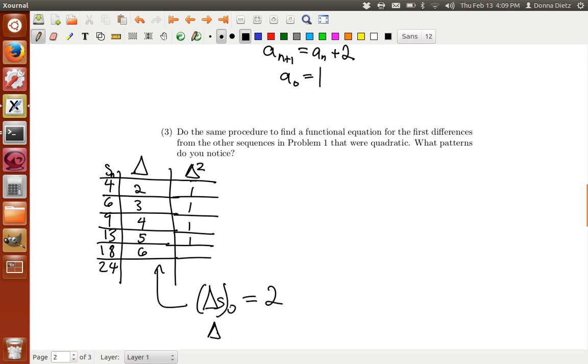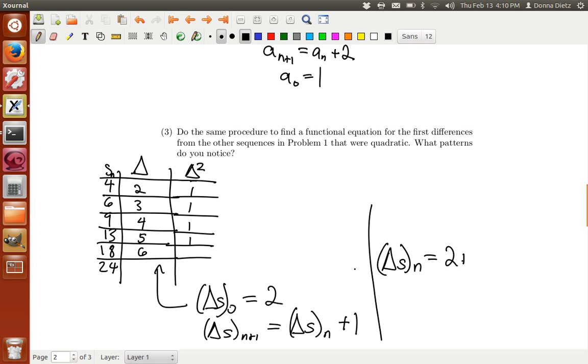And delta S n plus 1 equals delta S n plus 1. The difference is 1. It goes up by 1 each time. You could also write this as a functional equation. Delta S n is 2 plus n. That'll also do it as well.